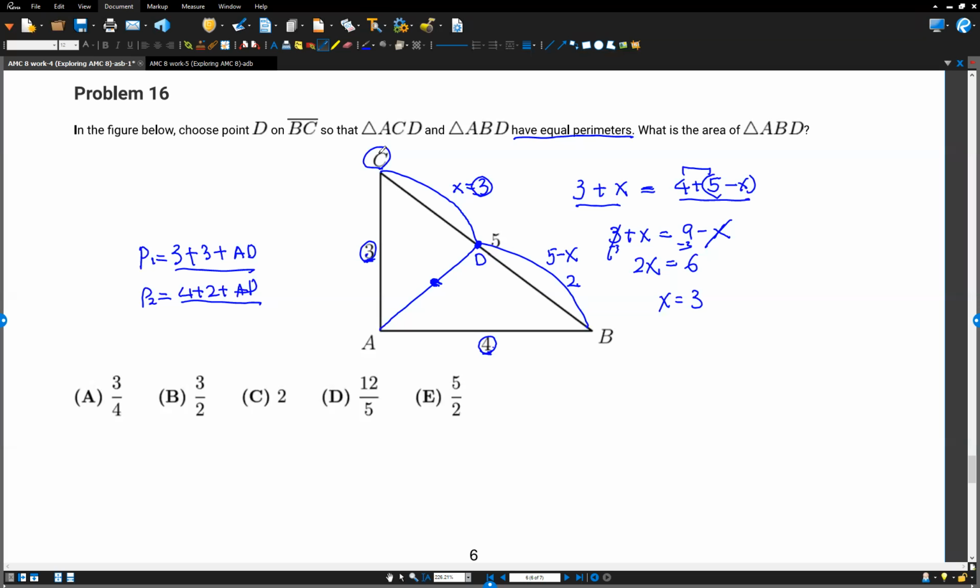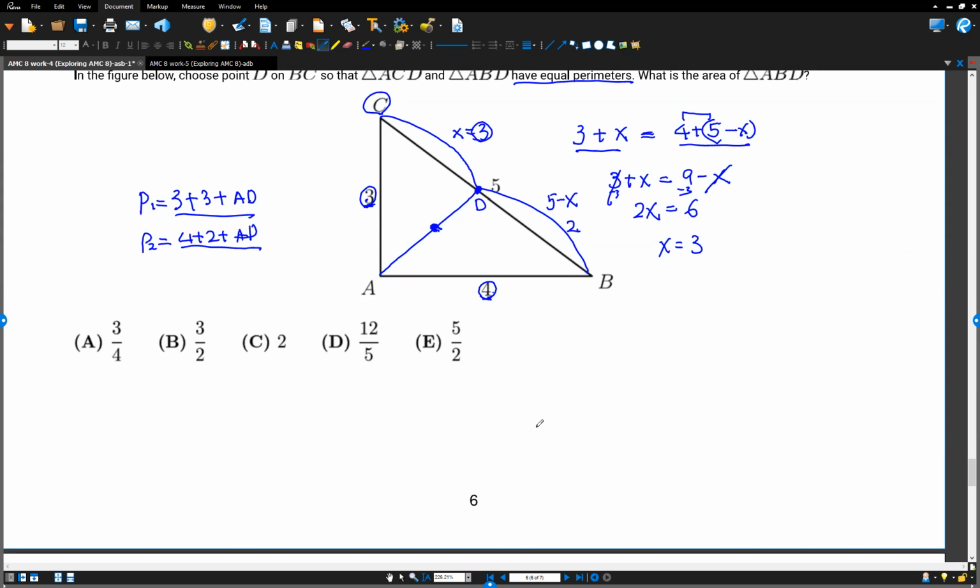Now I'm going to solve this one. In your grade, I'm not going to use similar triangles or a common height problem. I'm going to solve this using a direct formula. 3, 4, 5, that is a right triangle.